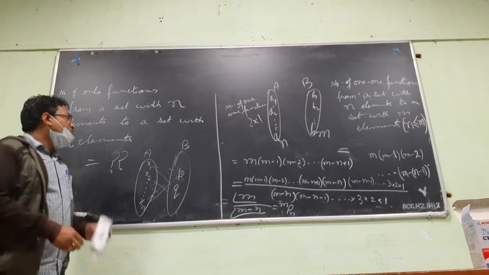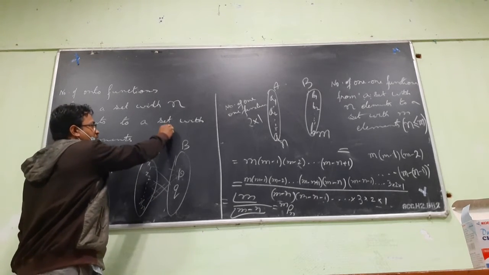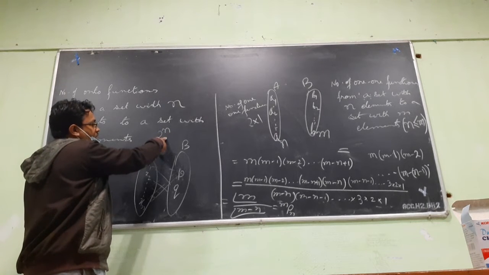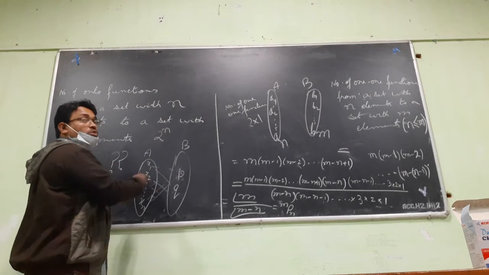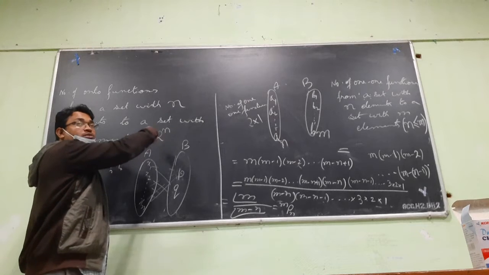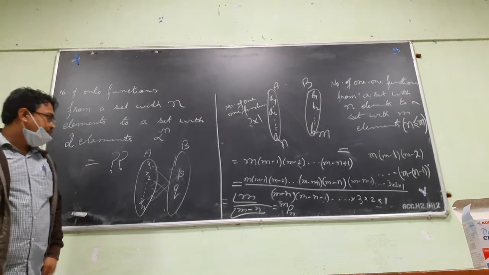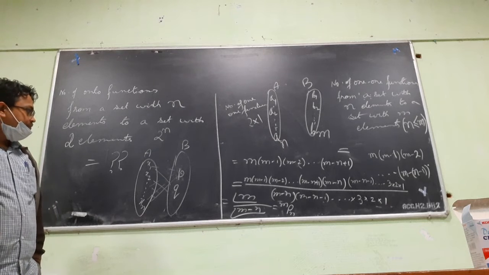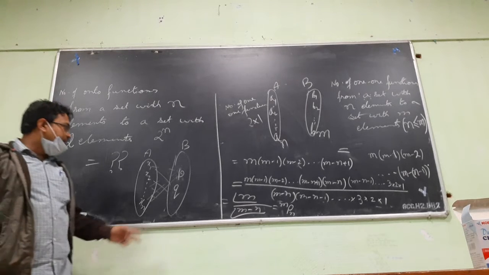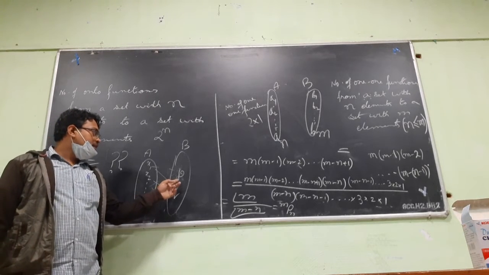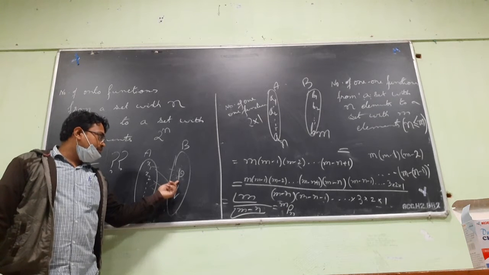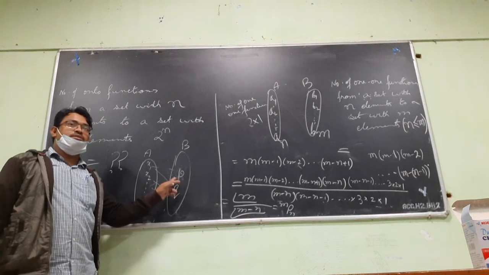So 2 to the power n is the total number of functions, but out of these, there are some functions which are not onto. You have to subtract those functions. Remove these. See, the two constant functions: how many functions are there which go only to p? Only one.